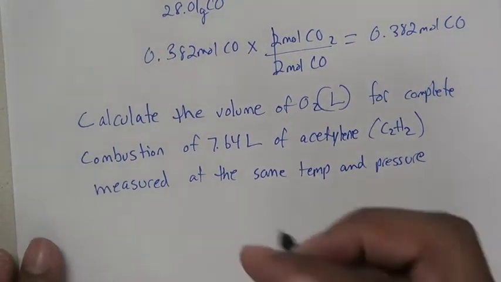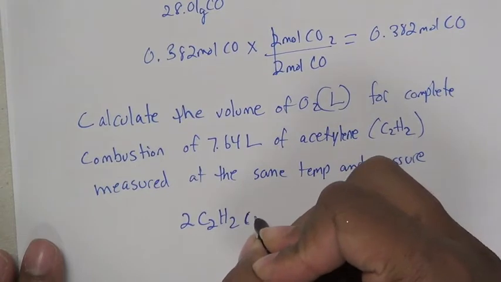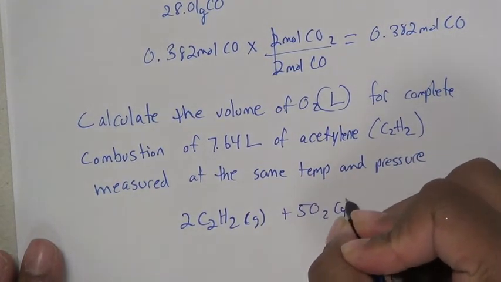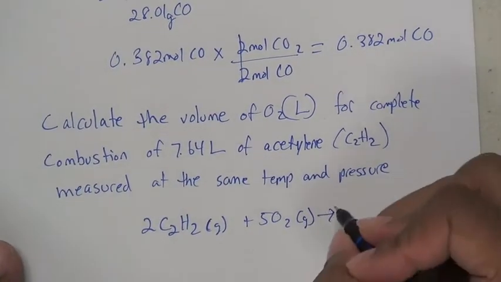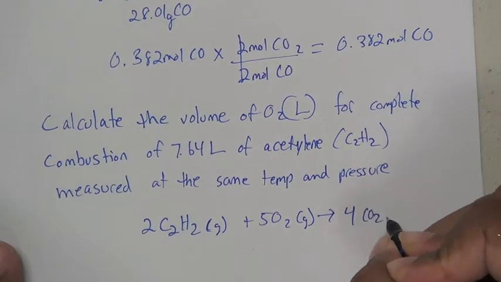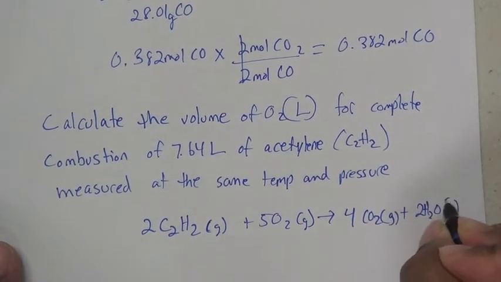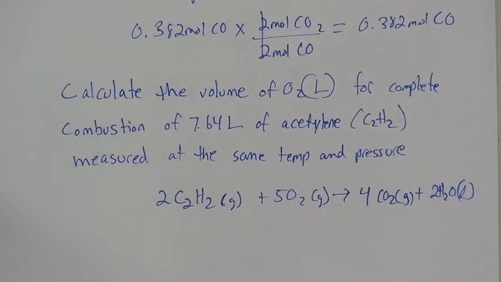Okay. 2C2H2 plus 5O2 yields 4 CO2 gas plus 2H2O. So it asks us to calculate the volume of O2 required for the complete combustion.